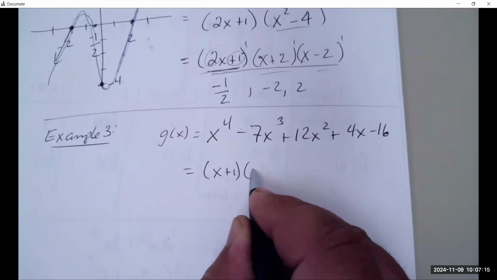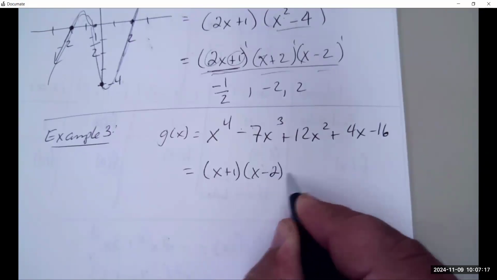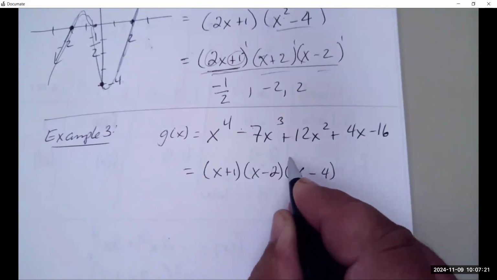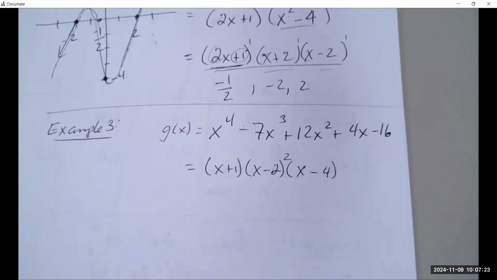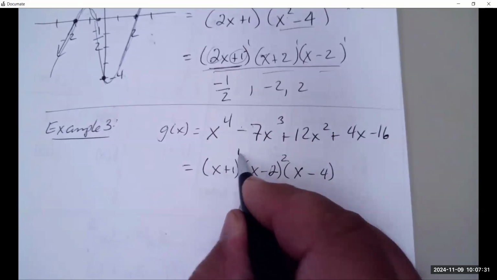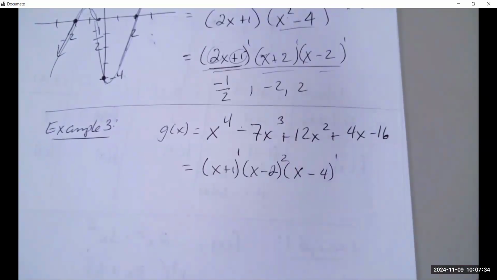How many factors will I have? Right, because the degree is 4. In this case, 2 of them are x minus 2s. So what does that mean about our end behavior?